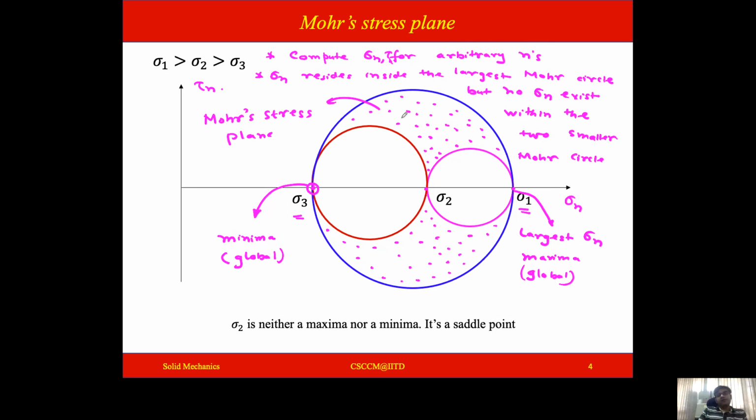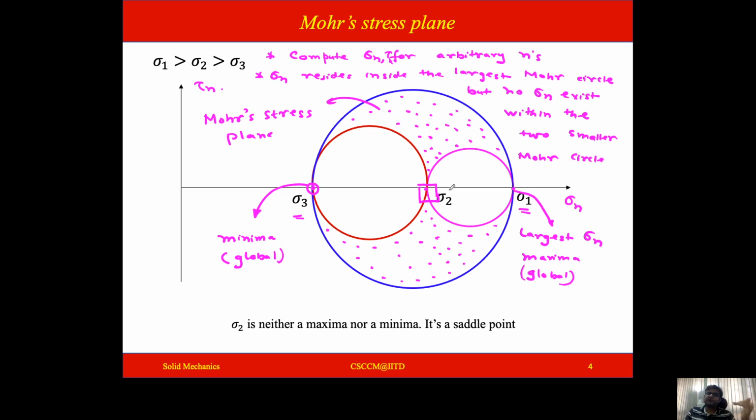But then what about this point sigma 2? This is also something we found out by taking the derivative of the generalized stress on an n plane and making it equal to 0. You remember the derivation of the principal stress?